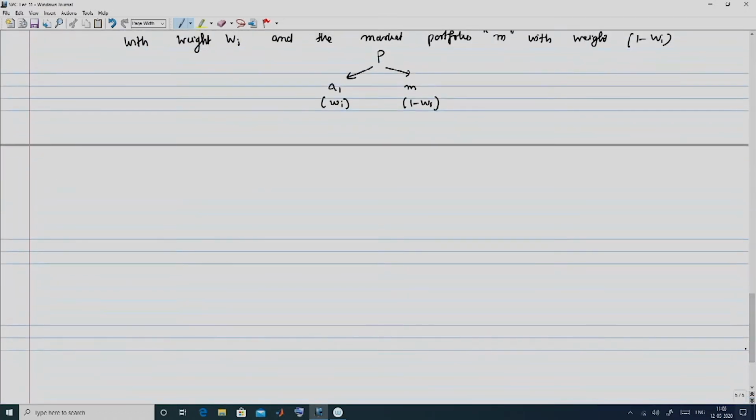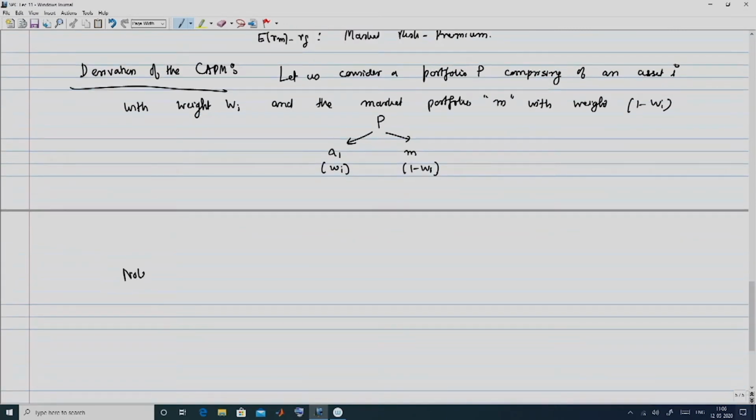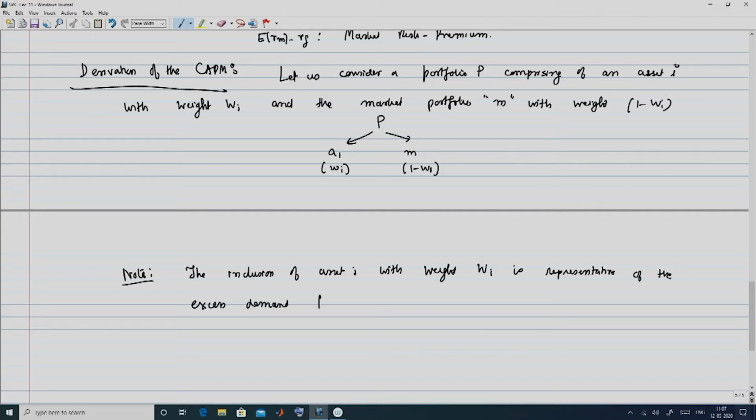All right. Now we can make an observation here and make a note that the inclusion of asset i with weight Wi is representative of the excess demand for asset i. Why do I say that this is excess demand?